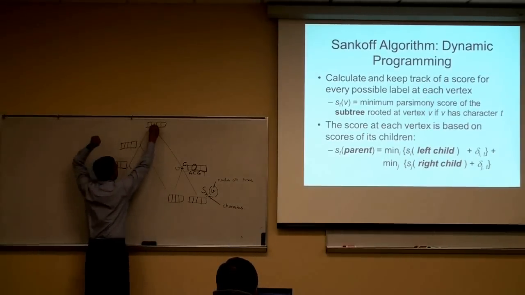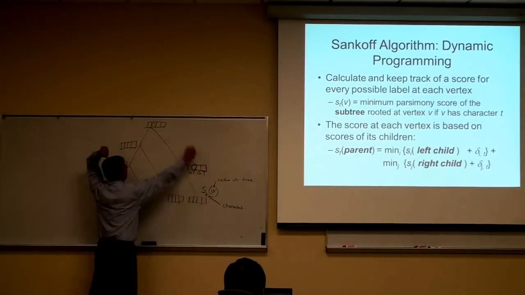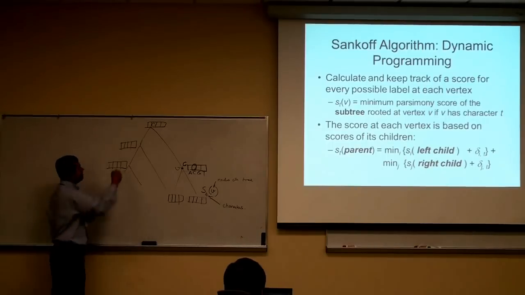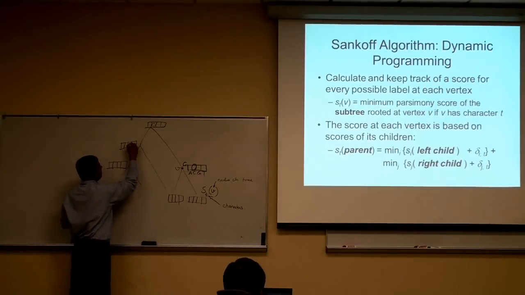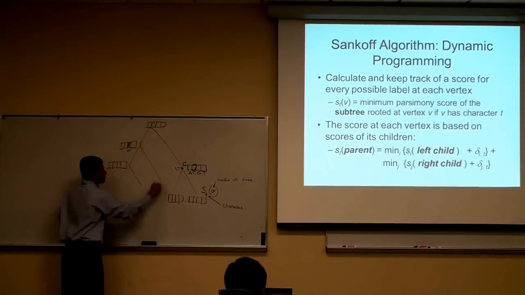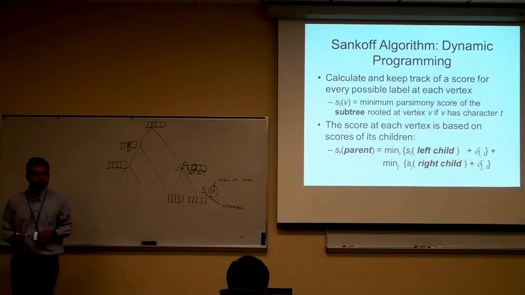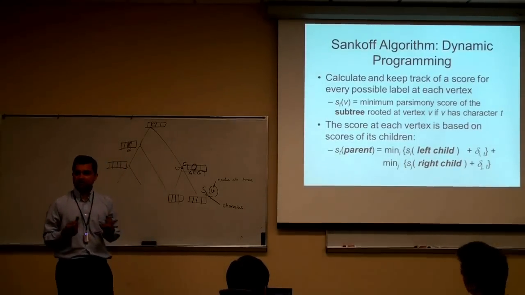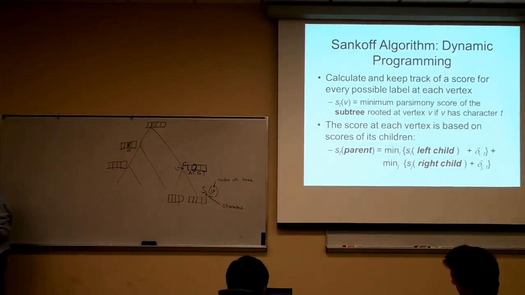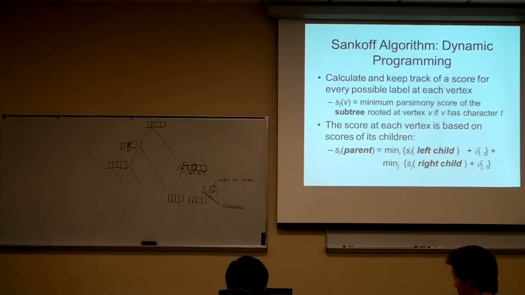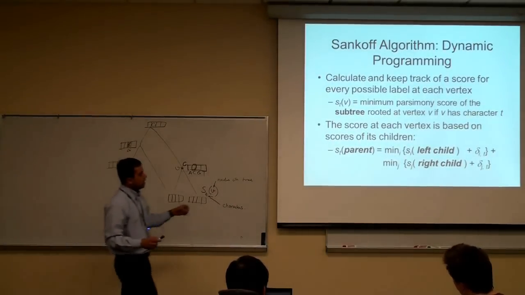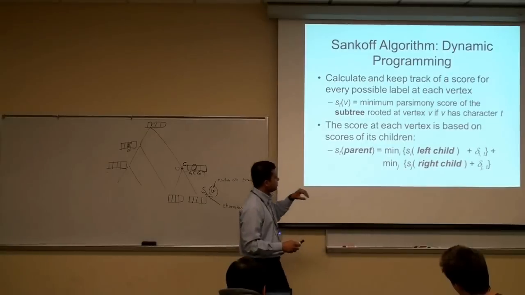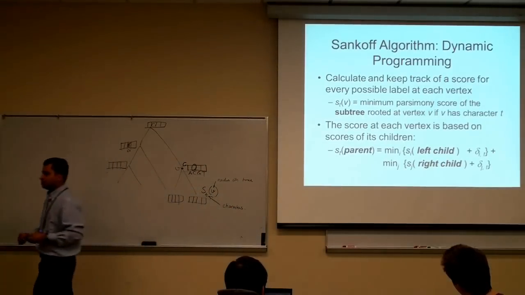If we place a G here, what's the best score we can get for this subtree, and so on. So that's the semantics, the definition of the dynamic programming table. The recurrence is given here for your reference, but we'll just look at it with an example.